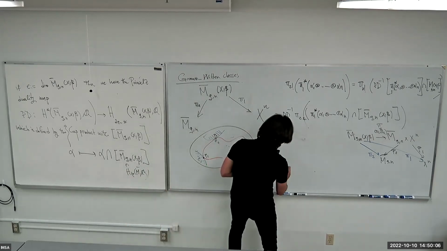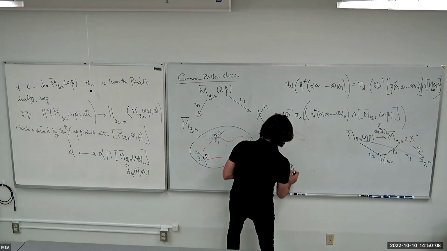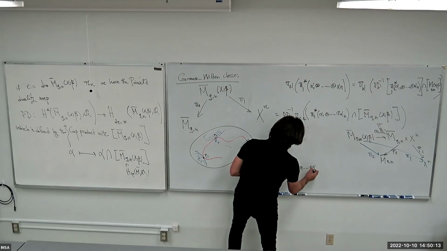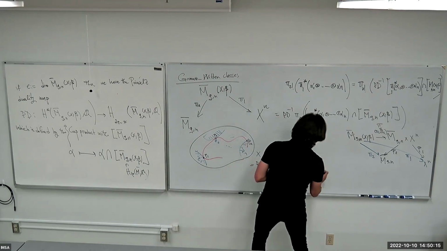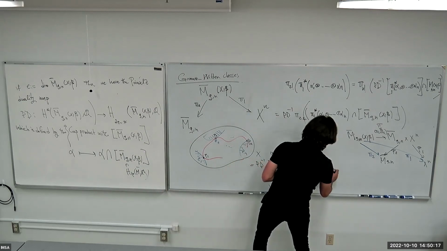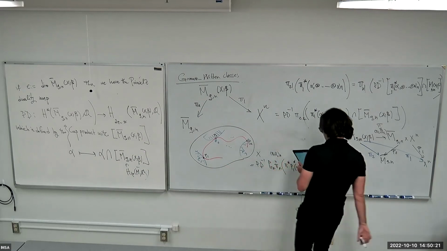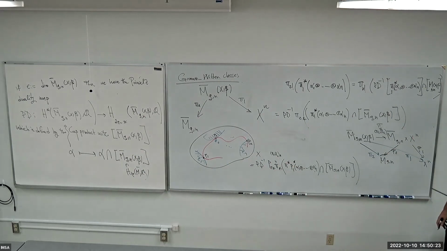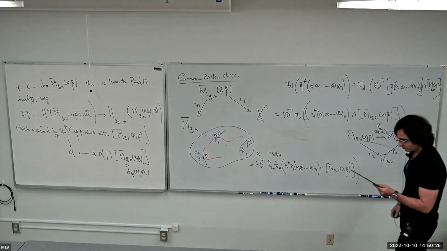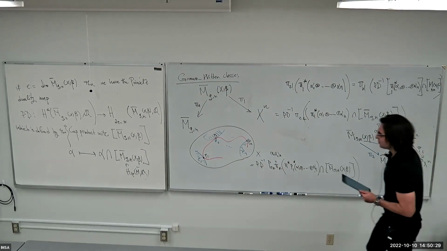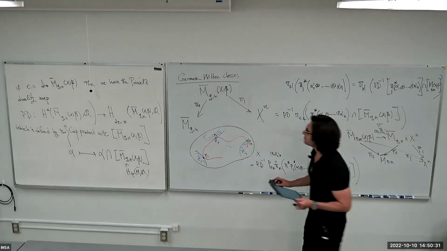Of pi upper star of P1 upper star of alpha_1 tensor ... tensor alpha_n, capped with M bar g,n times beta. That's what it is. And so the result of this I write in here.